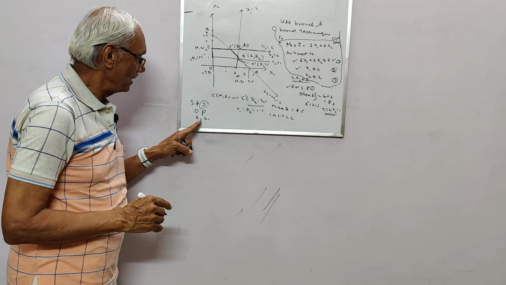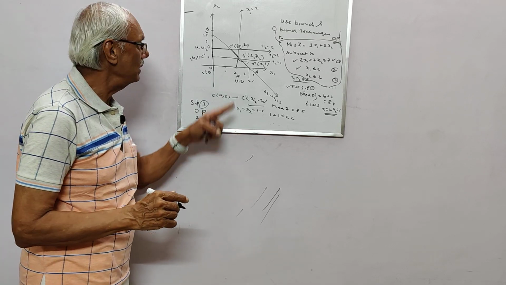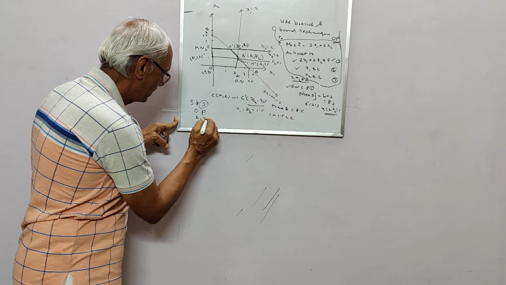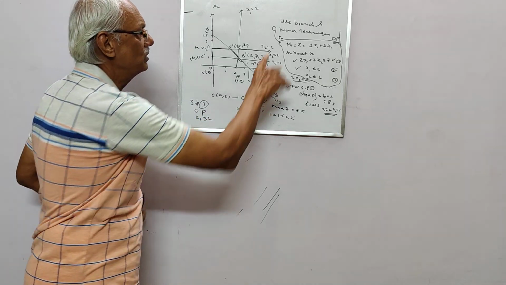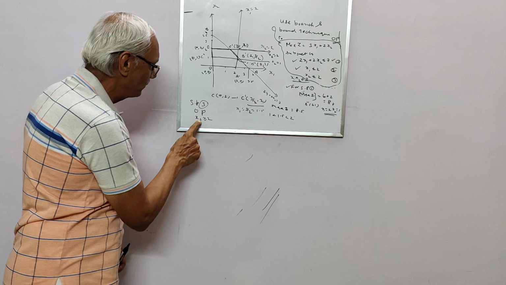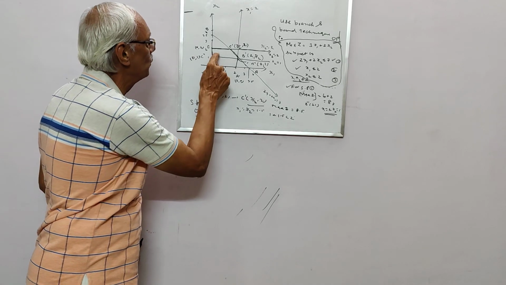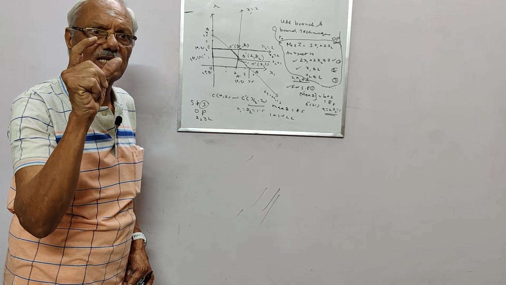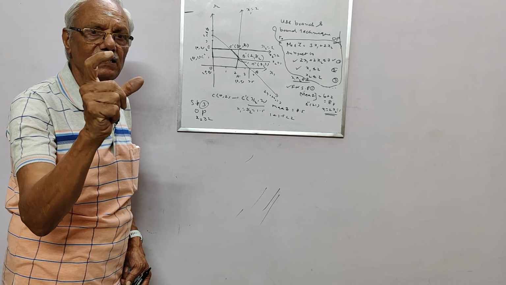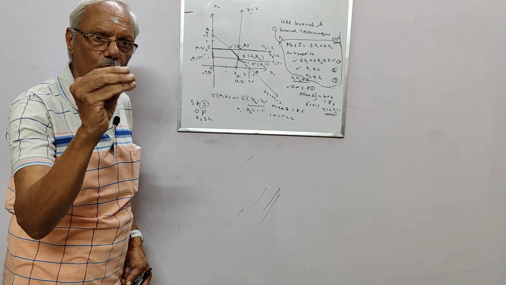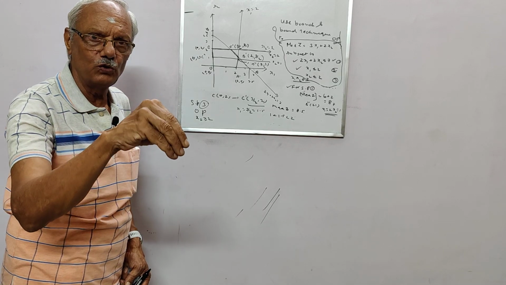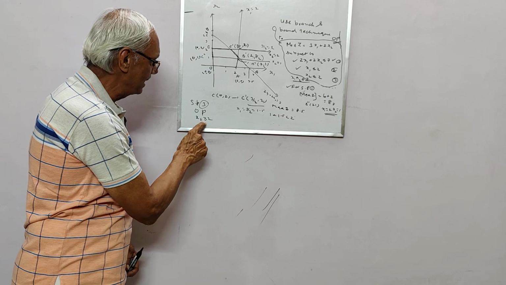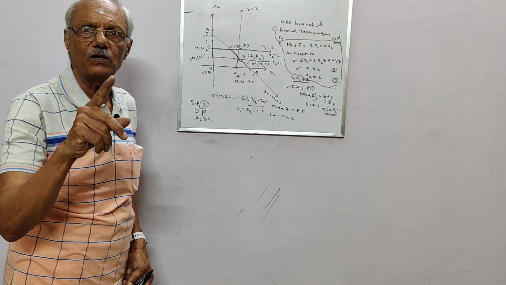Because x2 is less than or equal to 1 or greater than or equal to 2, this is my original problem, and because of x2 greater than or equal to 2 only, I could identify my C and C dash as the region. That C and C dash has been found to be the region of my integer solution, because of the additional constraint x2 is greater than or equal to 2.